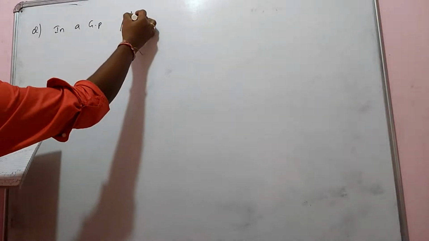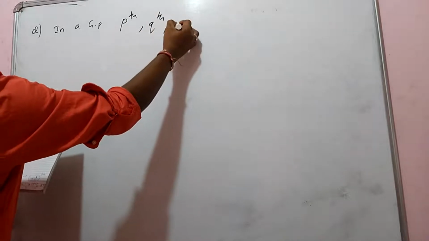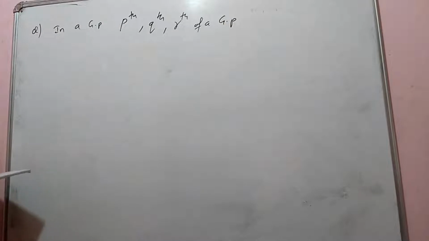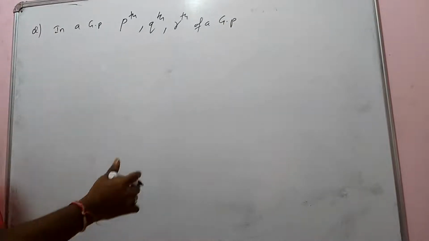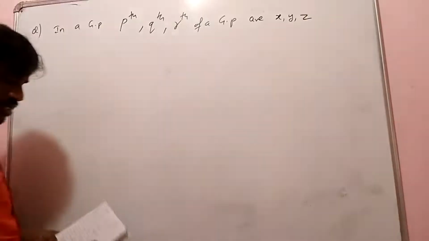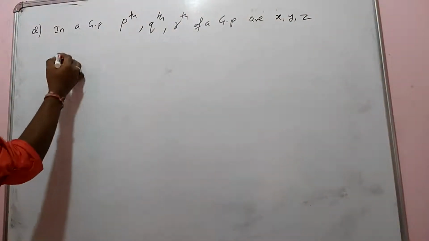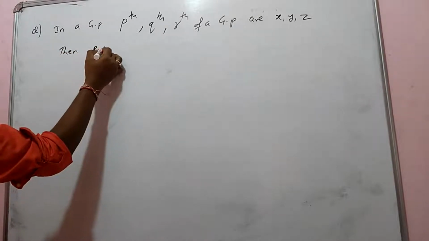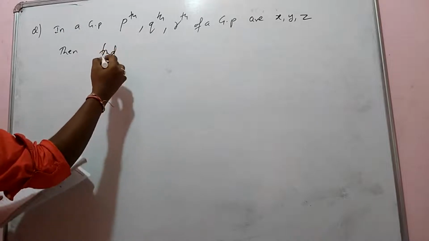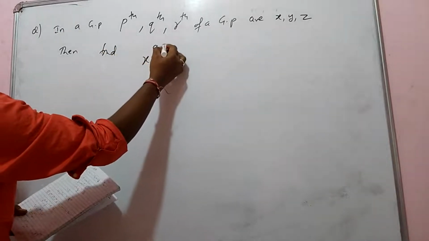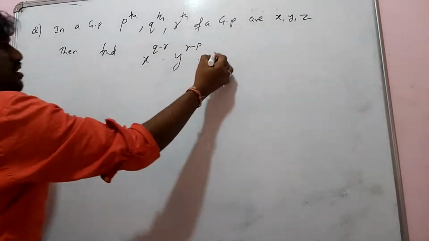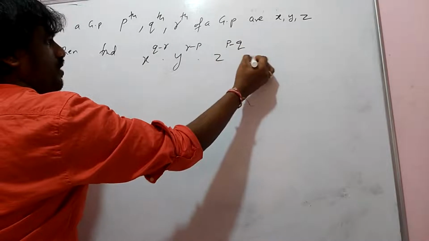Then prove that, find, the value of x to the power of q minus r, into y to the power of r minus p, into z to the power of p minus q.